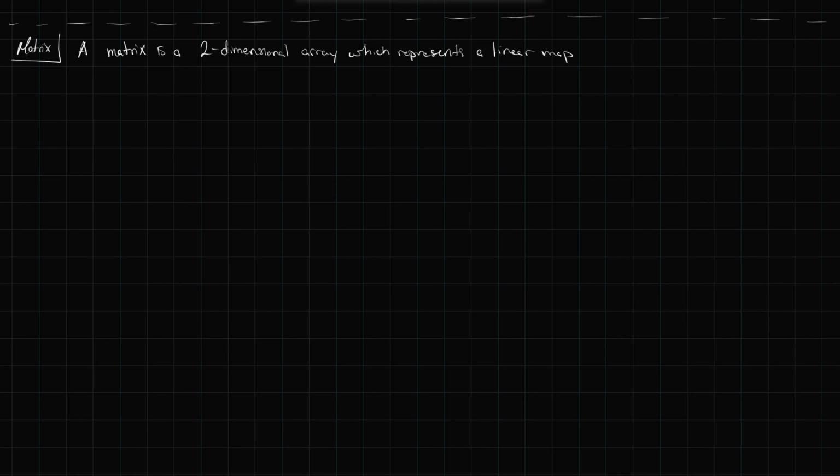Now, I'll comment here. It's certainly common in mathematics, and definitely outside of mathematics, that almost everybody will refer to two-dimensional arrays as matrices. I don't do that. I'm probably in the minority. I'm saving the word array to be an array and the word matrix to be specifically an array which represents a linear map. So when I refer to matrices, I'm only going to call them a matrix if they're associated to a linear map.